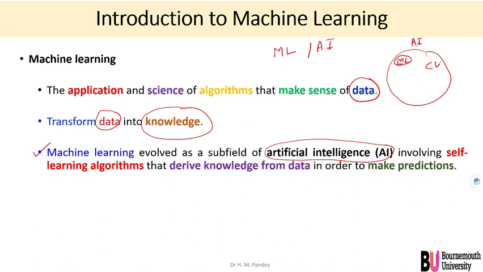Computer vision, which some students are studying, is a subfield of artificial intelligence. Natural language processing is also a subfield. So artificial intelligence is an umbrella term, and machine learning is one of its subfields.